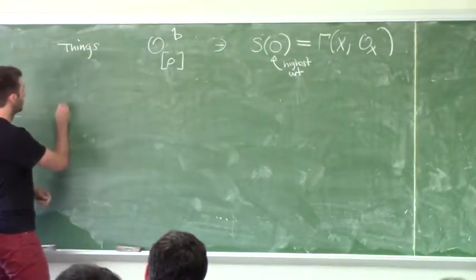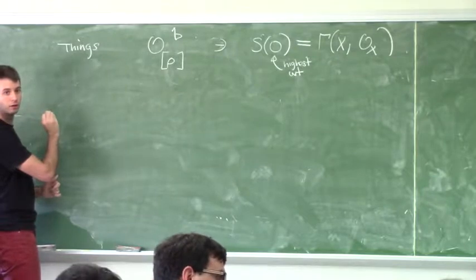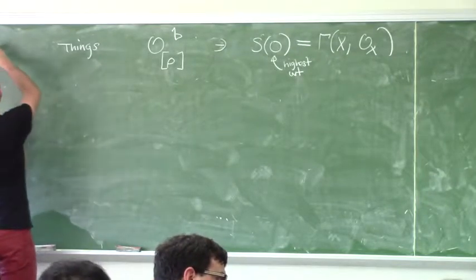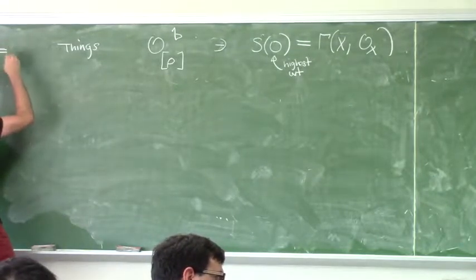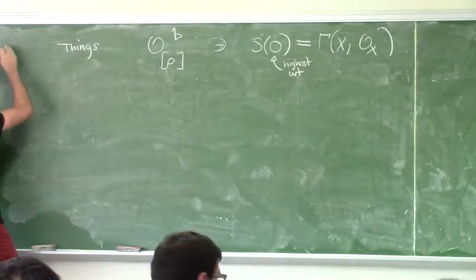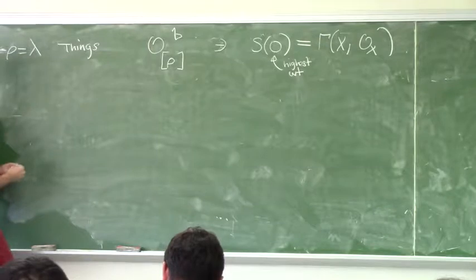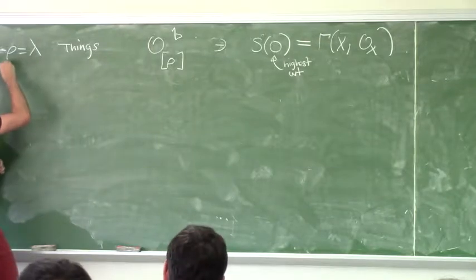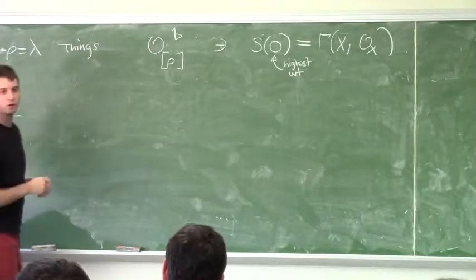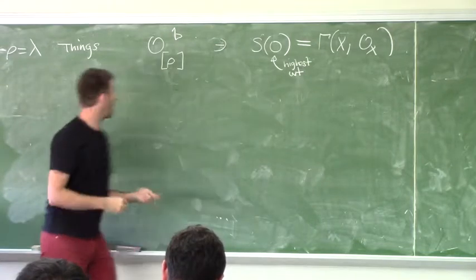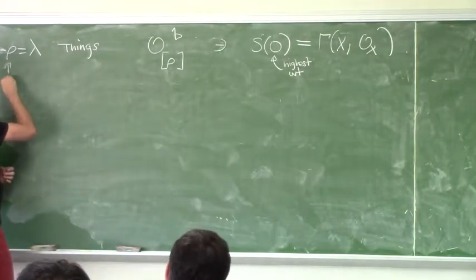Can I just write the relation between chi and lambda? Yeah, so is it chi plus or minus rho equal lambda? Well, is rho the canonical or the square root of the canonical? Rho is only the square root. It's a half sum of the positive roots.